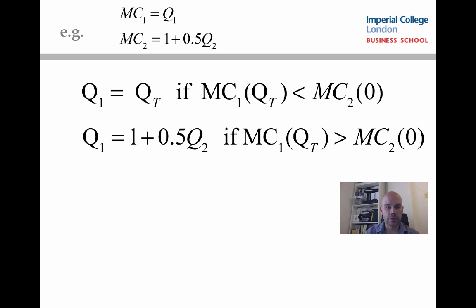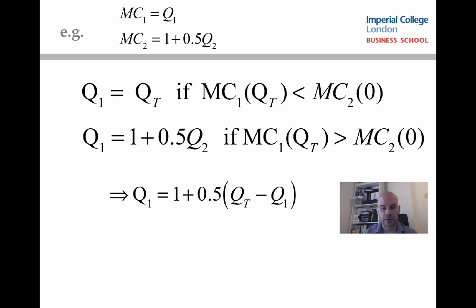Okay, so if now we want to answer the question we posed before, we want to produce a total of Qt. What we have to bring in as well is the fact that Qt is the sum of Q1 and Q2. If we use this to replace Q2 in this equation, then we get this equation, and now we basically have only Q1 left, and we can solve for Q1.